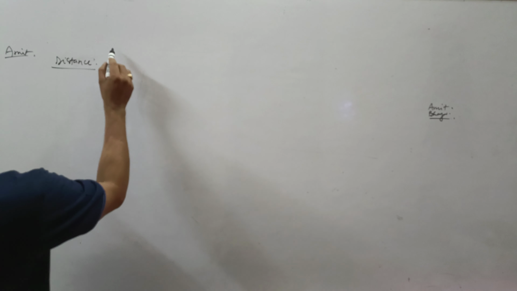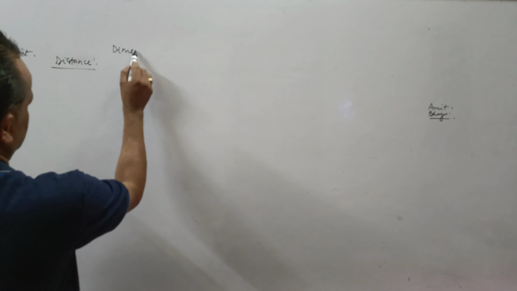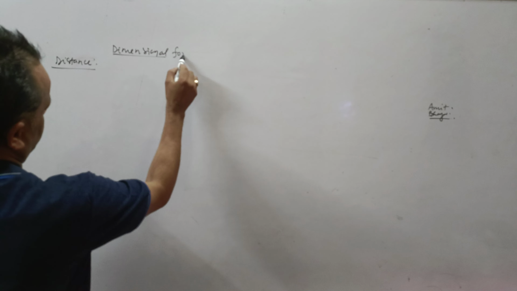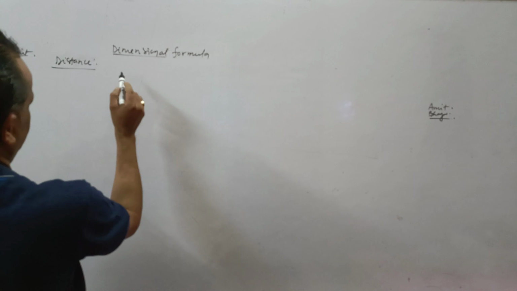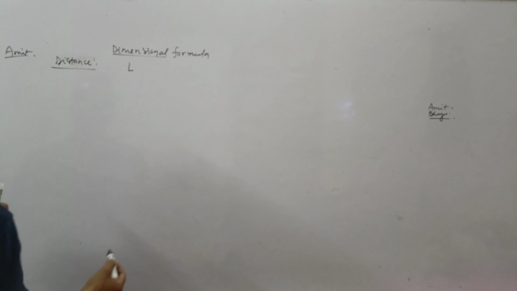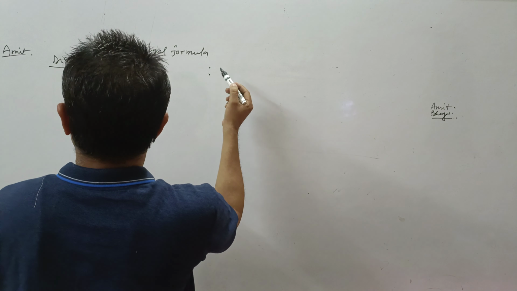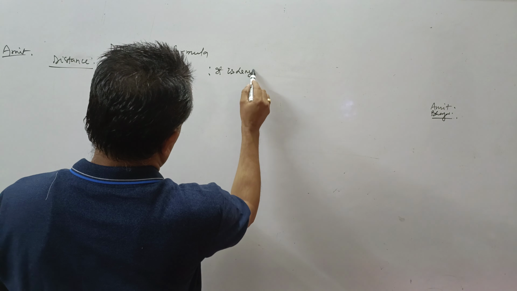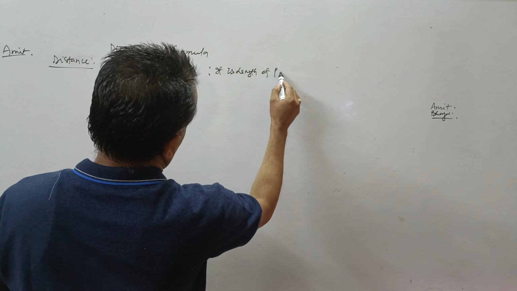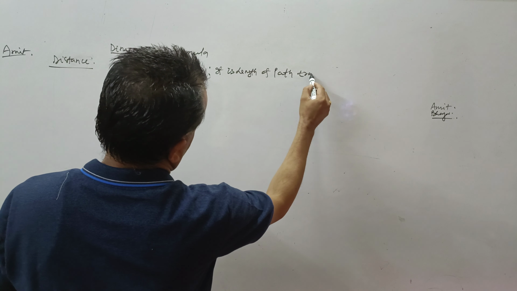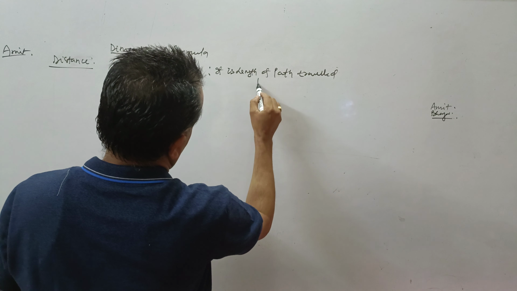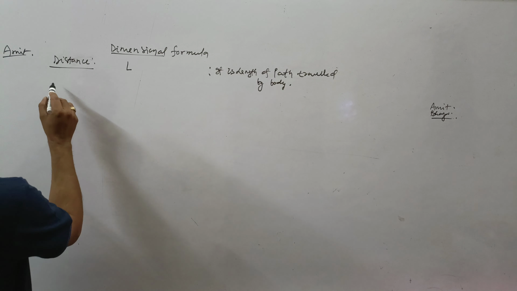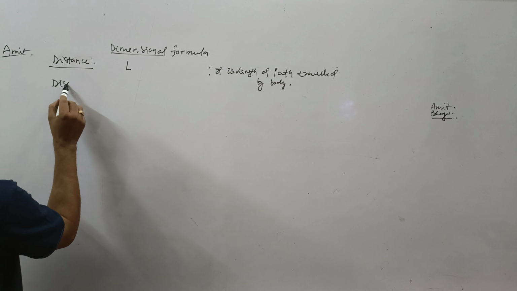The dimensional formula for distance will be L. Distance is the length of the path traveled by a body.